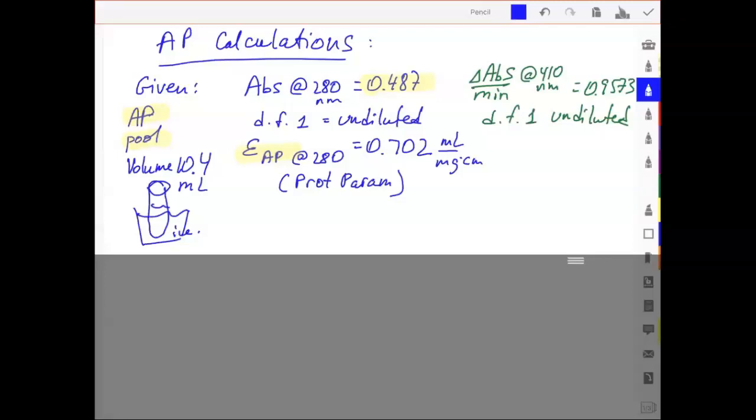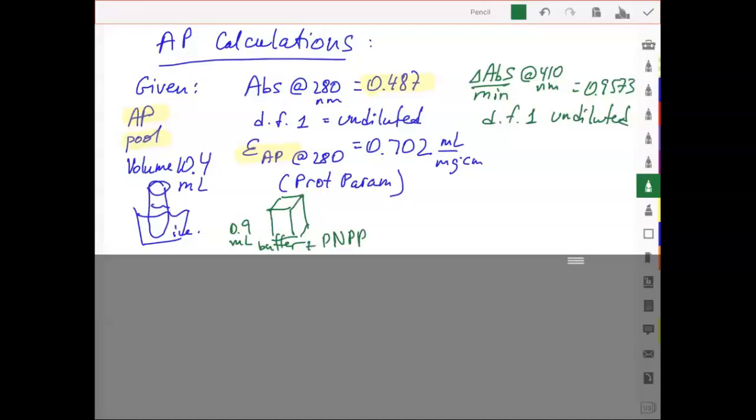The other kind of measurement we're doing involves an activity assay, where we're just pipetting the purified enzyme into a cuvette, right? And the cuvette has assay buffer. So we have 0.9 ml of buffer plus substrate PNPP, paranitrophenol phosphate.